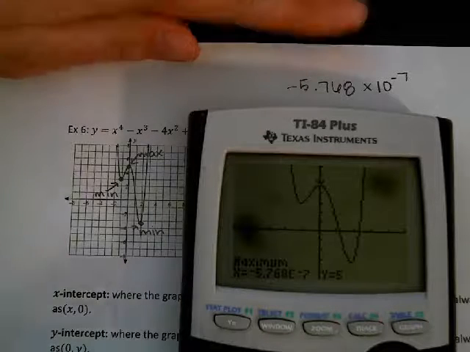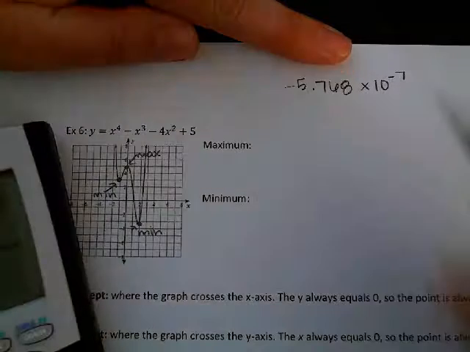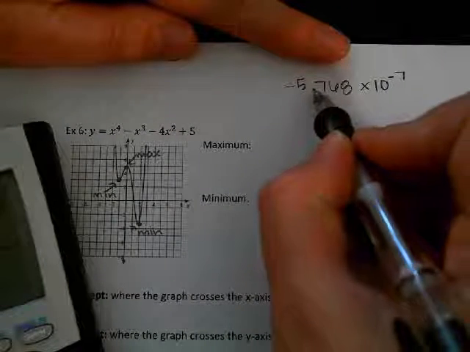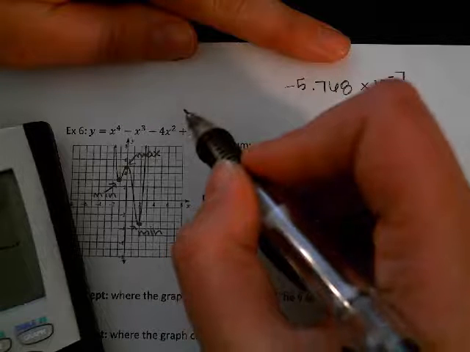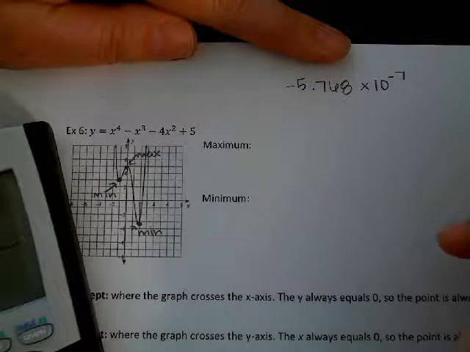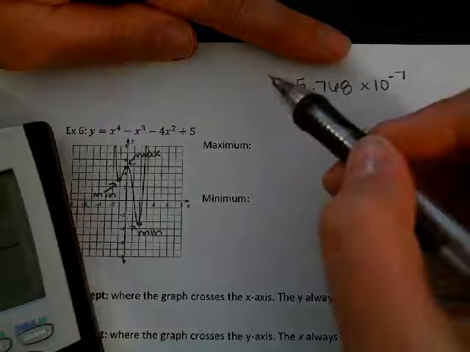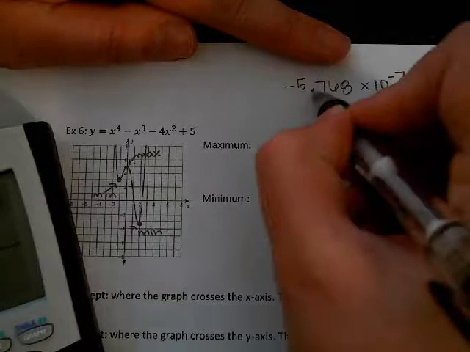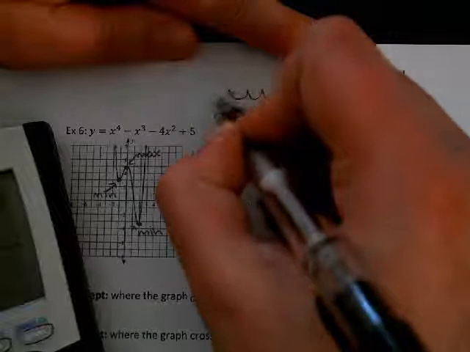So with that scientific notation, that means mine was to the negative 7th, so I'm going to take my decimal and I'm going to move it 7 places to the left. So if yours was to the negative 7th, you'd move it 7 places. If yours was to the negative 6th, you would move it 6 places. Okay? So I'm going to move it 1, 2, 3, 4, 5, 6, 7. That's my decimal.